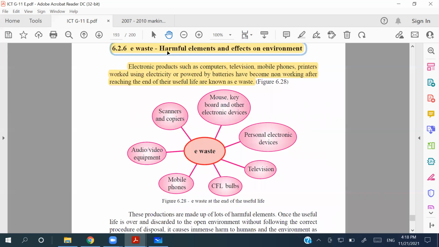Please have the heading and the description, and keep some space to draw the diagram. Let me know when you are done, people, and be quick.